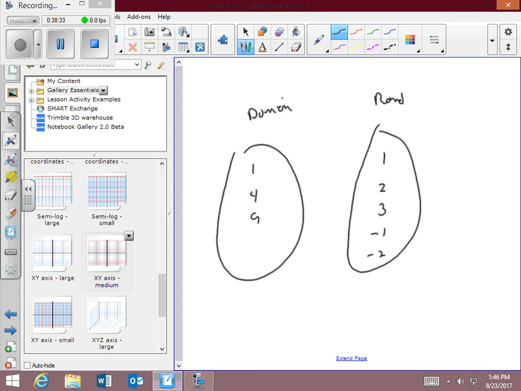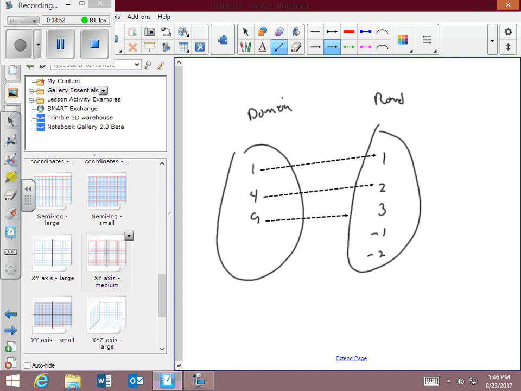Now notice that 1, the first ordered pair, is associated with 1, right? The second ordered pair says 4 is associated with 2. Third ordered pair says 9 is associated with 3. The fourth ordered pair says 1 is associated with minus 1.